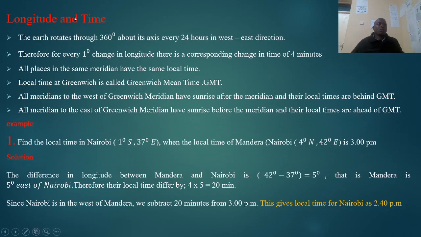Now, let's talk about longitude and time. We realize that the Earth rotates through 360 degrees about its axis every 24 hours in the west-east direction. The Earth rotates from west to east.